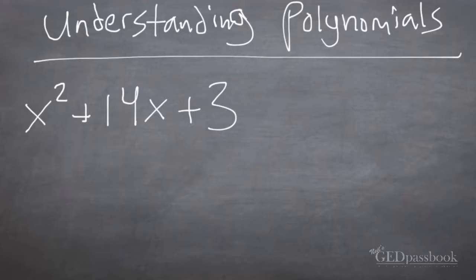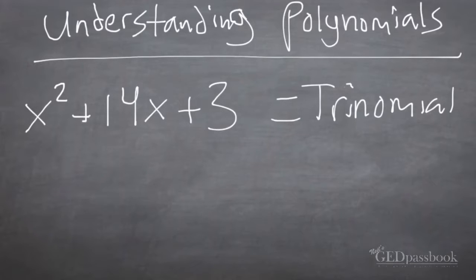What is it exactly, though? This polynomial right here is a trinomial. Why, though? Well, I think you guys can really guess why. Because there's 1, 2, 3 terms in this polynomial, which pretty much explains the tri meaning 3, right?